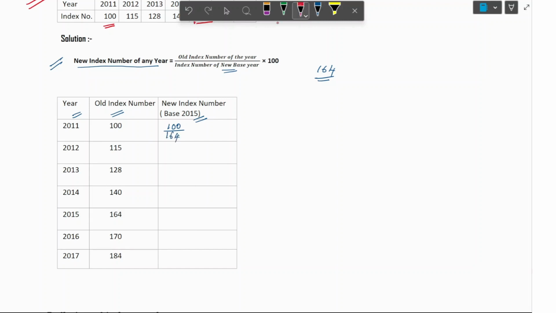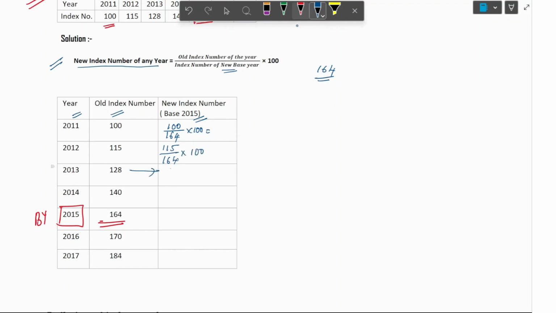How do I get this 164? Because you are changing to the base year, that is you are shifting to the base year 2015 with index number 164. Therefore, 164 will come here. Therefore, in each and every calculation, 164 is the denominator into 100. Okay. Next, 115 divided by 164 into 100.